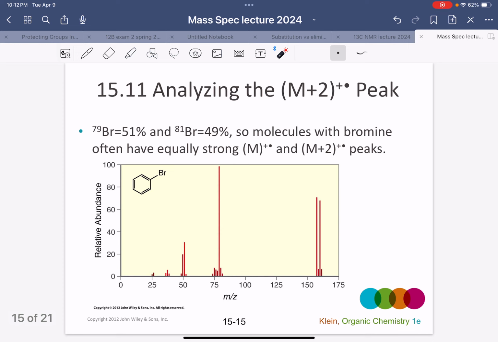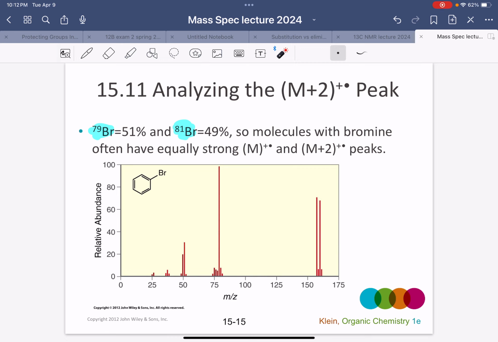that's chlorine. Bromine, excuse me, bromine consists of bromine 79 and bromine 81 in approximately equal amounts.